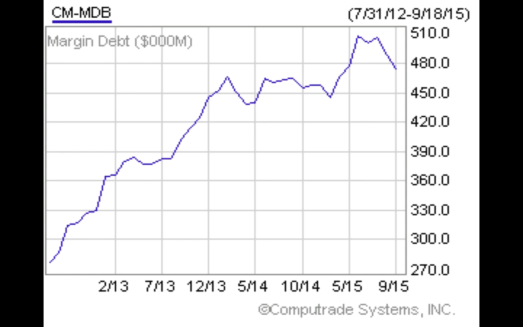Now, this one is a chart of margin debt, and over the last few years, you can see a steady rise in the amount of margin that investors were taking on. This shows that investors are feeling pretty good about stocks, and they're going to borrow money to buy stocks. And when the market looks shaky, they're going to cash in some of the chips and take some of the margin off.